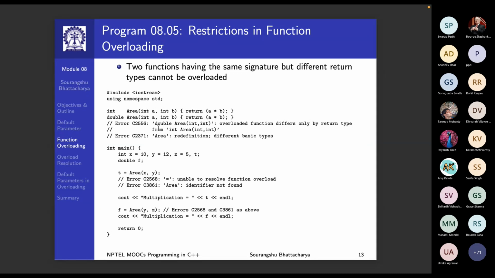If the name of the function is the same, but there are multiple definitions, then you are using function overloading. Also, sir, here in double area, double A, double B, we can do this? Yes, so you can do double area, double A, double B. Okay, sir. Thank you, sir.